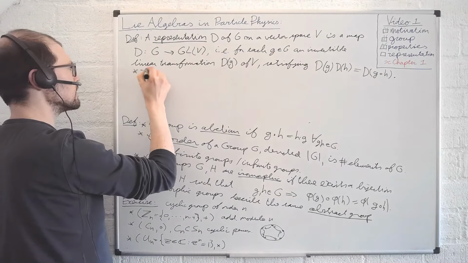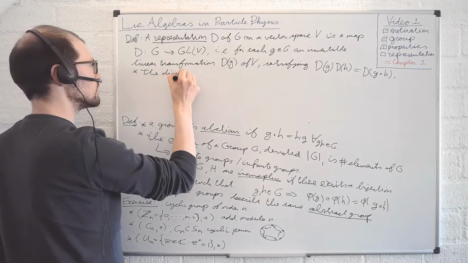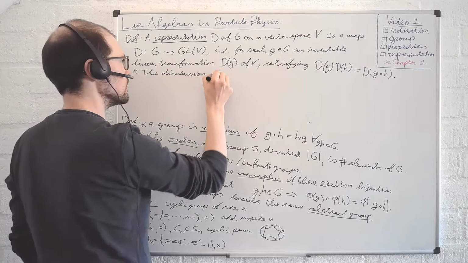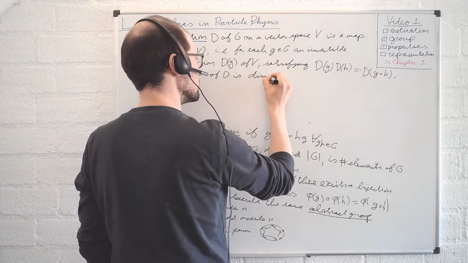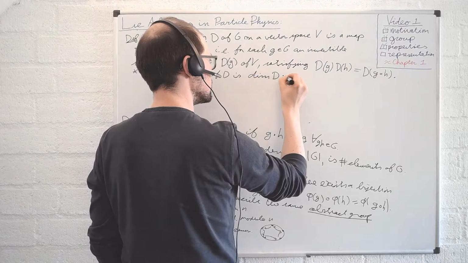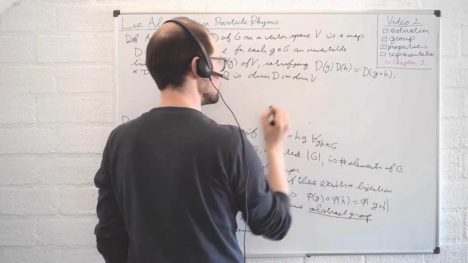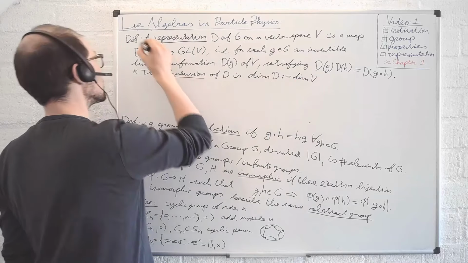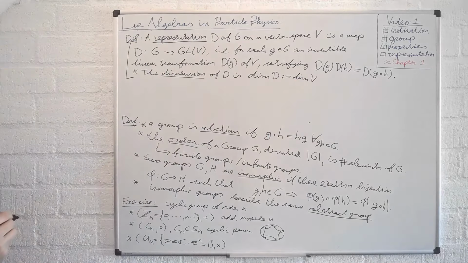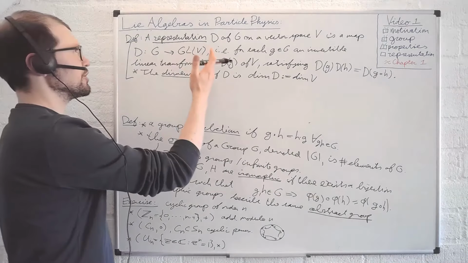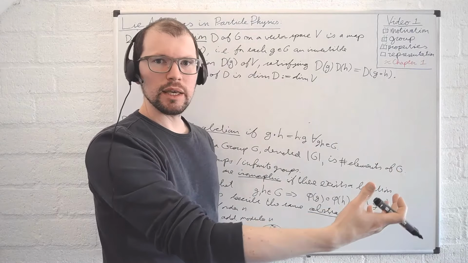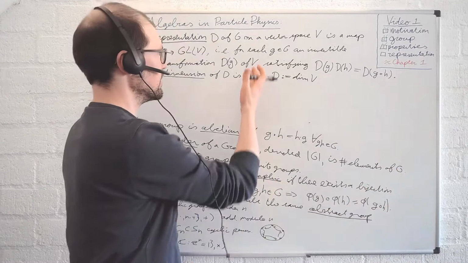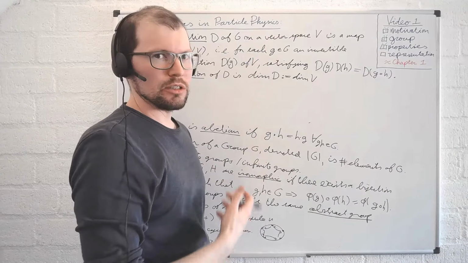Let me add to that the dimension of D. You denote that dimension of D, it is really the dimension of the vector space on which we're working. So when we have a representation of a group, we explicitly get a transformation of a system. And in physics, this system is going to be encoded by some linear space.